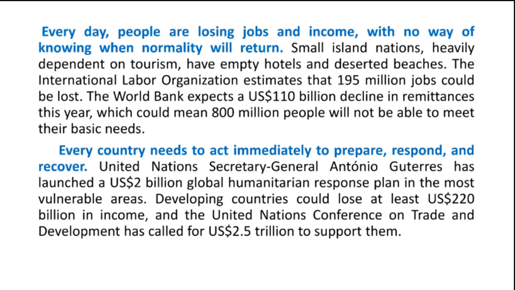Developing countries could lose at least 220 billion US dollars in income, and the United Nations Conference on Trade and Development has called for $2.5 trillion US dollars to support them. Okay, so this is what the UNDP is doing in order to support nations that are affected.